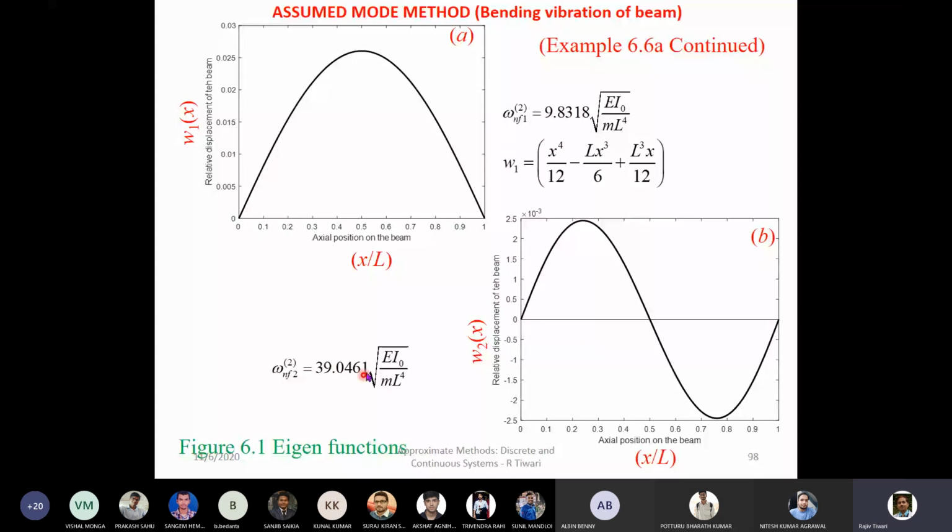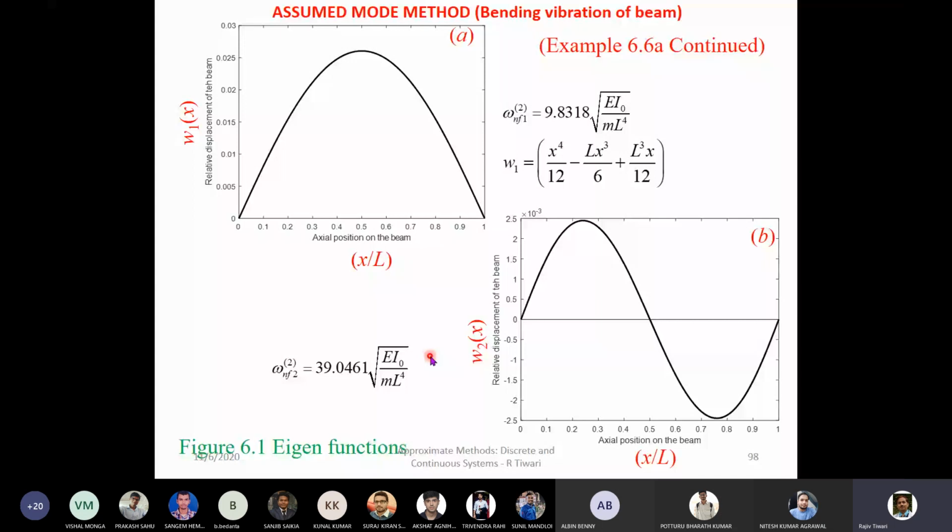So we expect that they are more accurate as compared to the previous ones. So this example shows how we can obtain, if we could find three terms in the series of the assumed function, then we would get three natural frequencies.